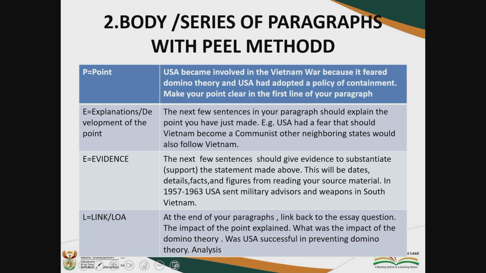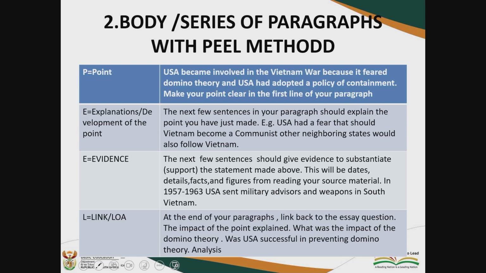Then evidence, which is E, is very important. The next few sentences should give evidence to substantiate the statement made above. When you're talking about evidence, this refers to dates, details, facts, figures from reading your source material. For instance, in 1957 to 1963, USA sent military advisors and weapons to South Vietnam in order to support Vietnam.